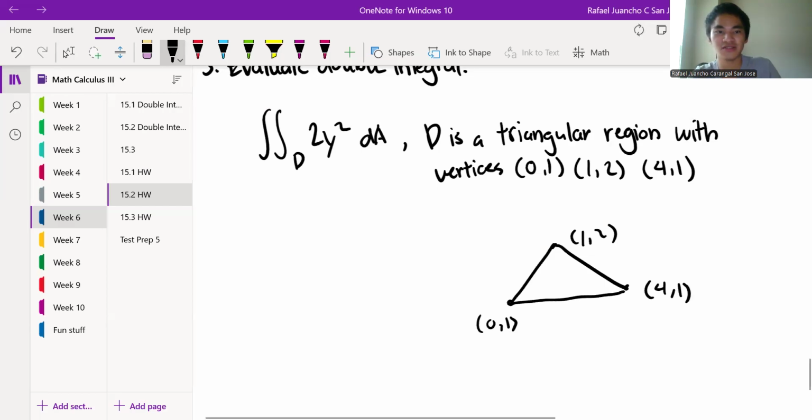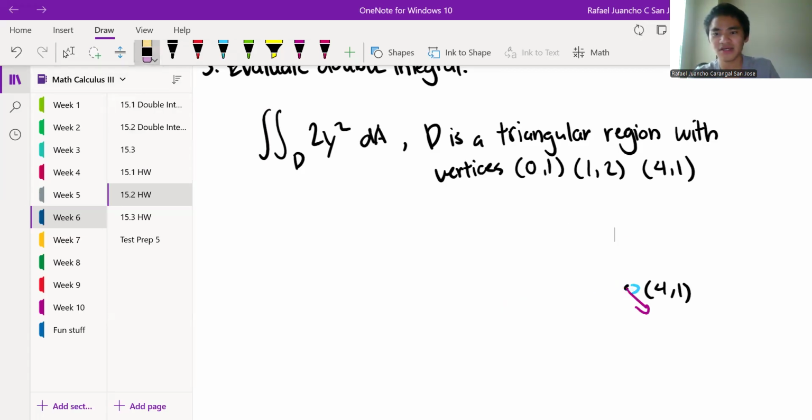So we have 3 lines here. One line is this line, another line is this line, another line is this line. And we want to find those 3 lines, because that's how we're going to get this region.